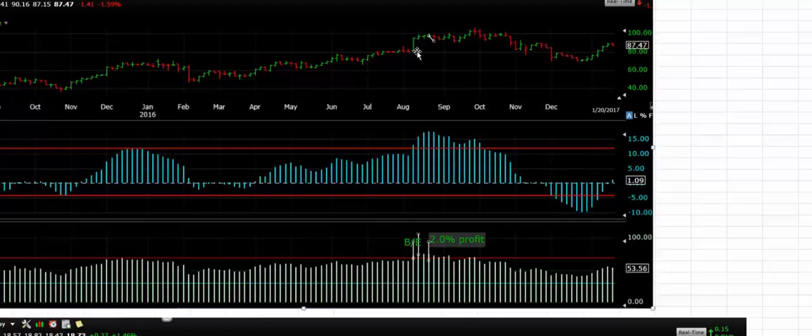Now, as you can see, the white bars, the RSI, and the blue MACD bars, they both exceeded the red line on the day we entered the trade.